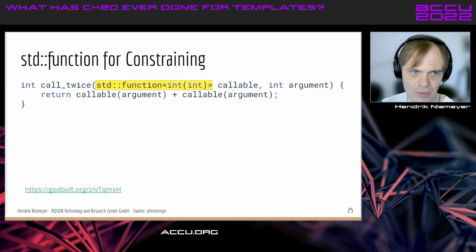It should be a function which takes an int and returns an int. But in most cases in real world code, we don't use std function because it has a runtime overhead. And usually we want to have these things checked at compile time without any runtime overhead.